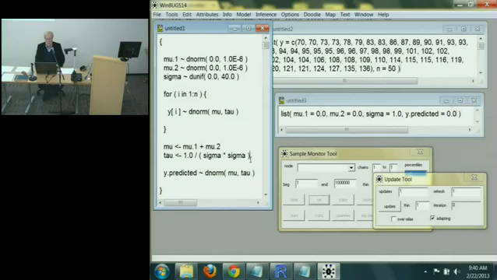You can put that stuff in that file in any order you like, and it will have the same exact logical effect on the model. So you're right. If WinBUGS were reading from the top down, it wouldn't know what mu is because mu hasn't been defined yet. But as long as there's some statement somewhere that deterministically links mu to stochastic nodes mu1 and mu2, then it's okay. That's because it has to construct the graph anyway.